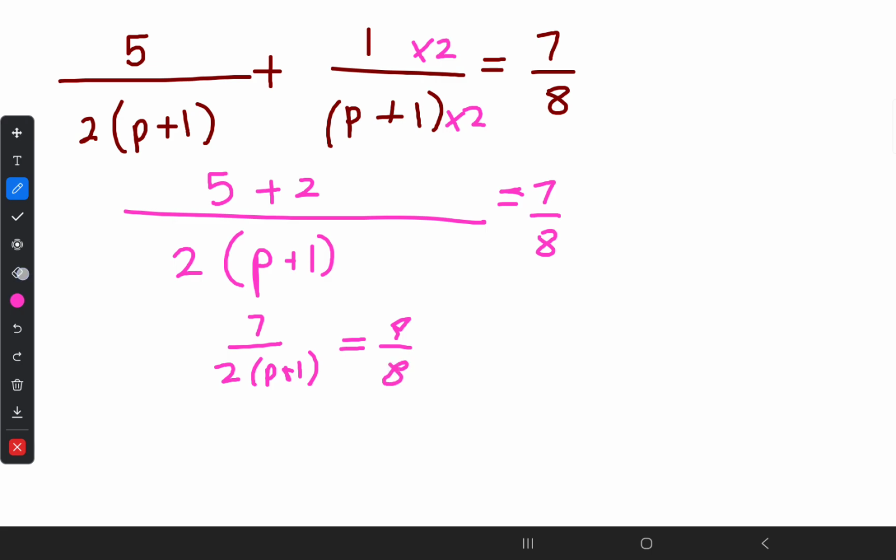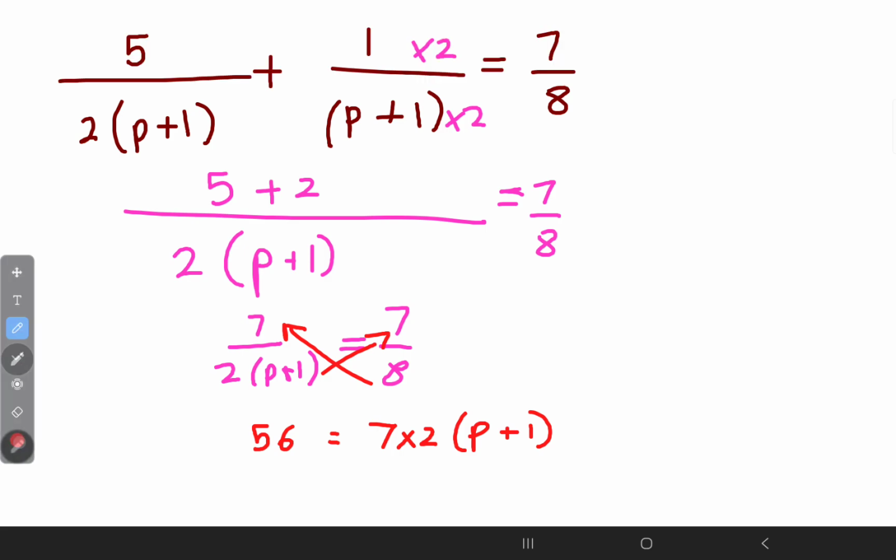I will do the cross multiplication here. So it will become like this. 8 is multiplied with 7, so 8 times 7 is 56. And there is already a 7, which is multiplied with 2 times p plus 1. So you have to multiply both 2 and 7, because here also you have a common factor 2.